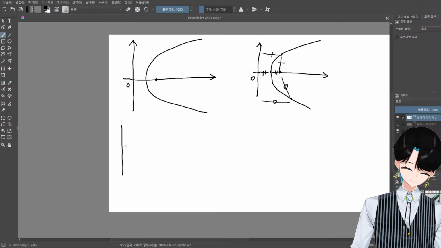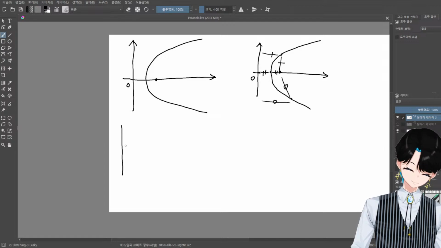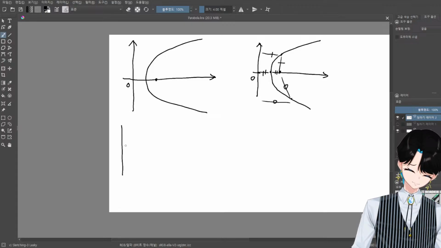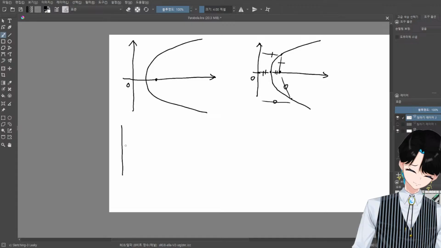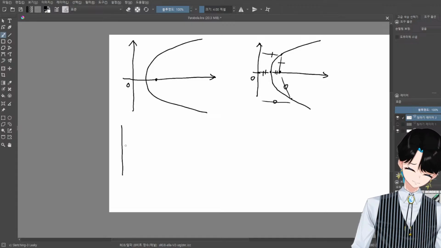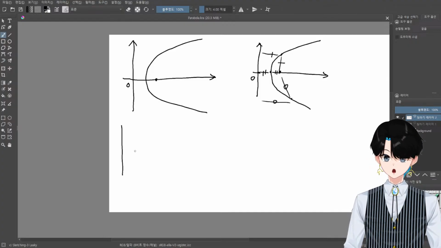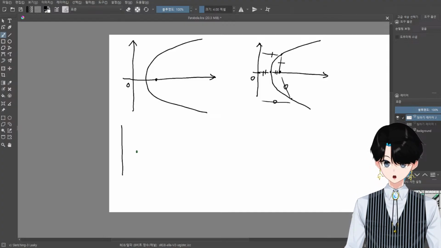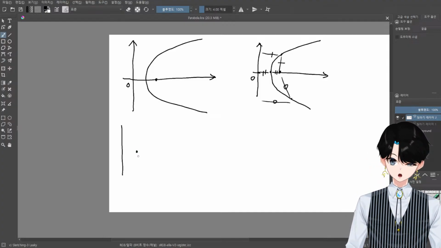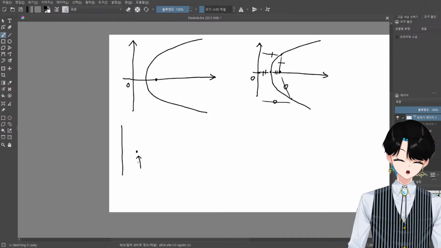One directrix, and there was another one. Start from here. And as you can see, this looks like a dot, but it actually isn't.